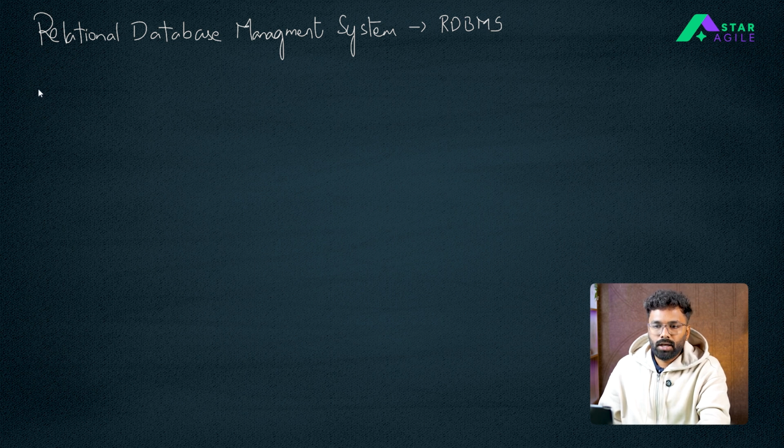Now, how is the data structured? In the past there were many different types of database management systems that were used previously, but the one we are using now is the relational database management system.